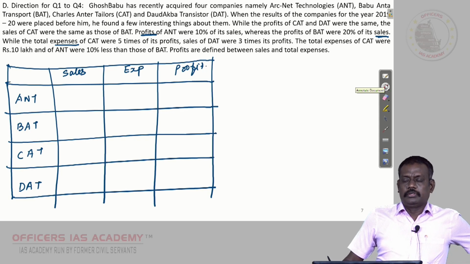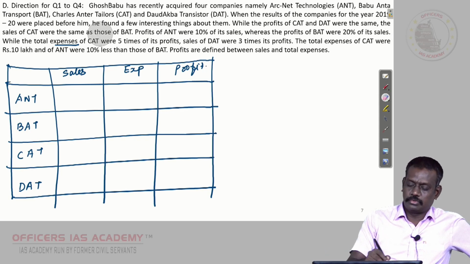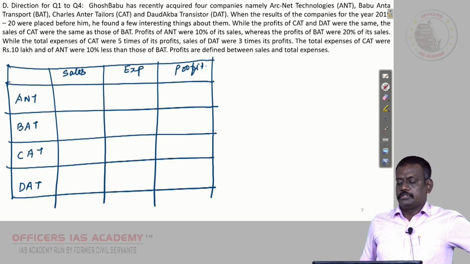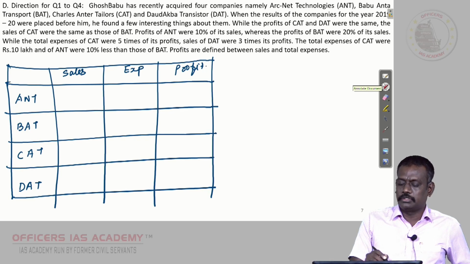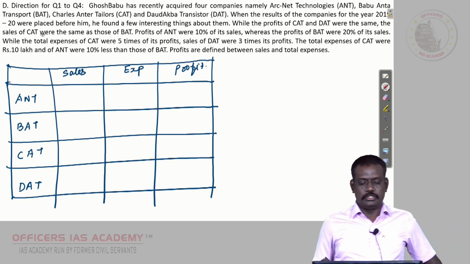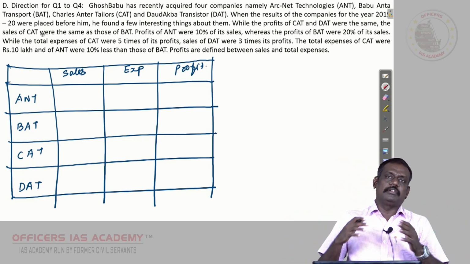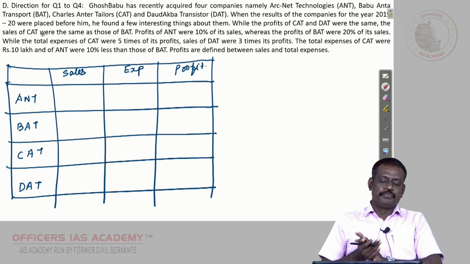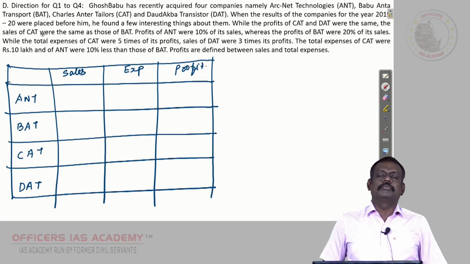Now we'll try to fill these boxes one by one, because this is how you have to solve this type of problem, students. If you write the statements again and again in the rough work, you cannot find out the relations. It will be very difficult. It will become very complicated. So if you write it like this, you will find it very easy to solve the problems of this type. That is why I wanted to do this in the classroom.